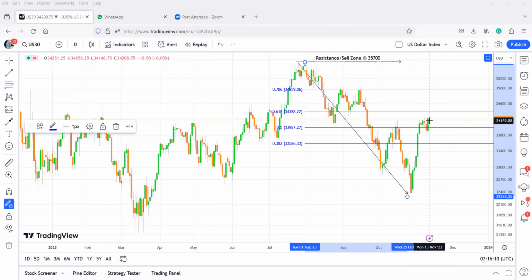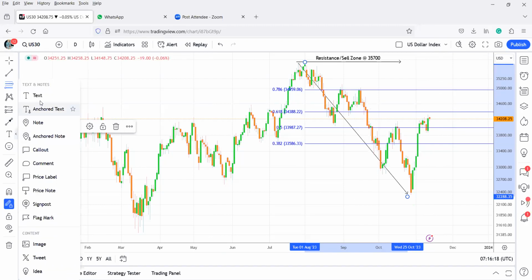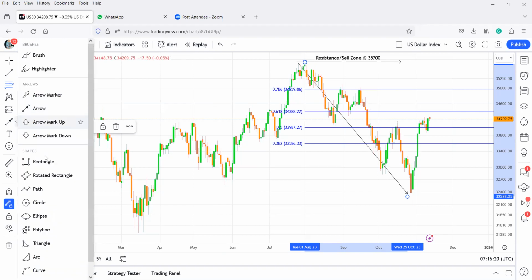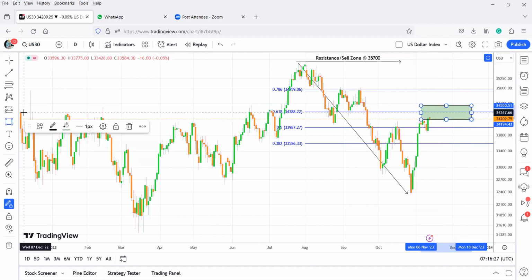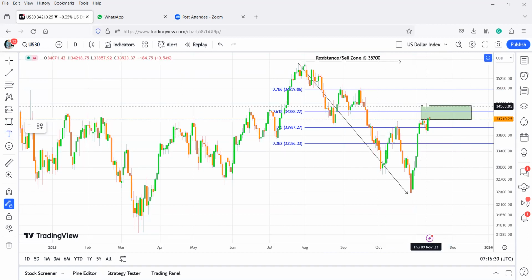So you see that 61.8% touch. All right, that is the sell zone. So 34,300, 400.